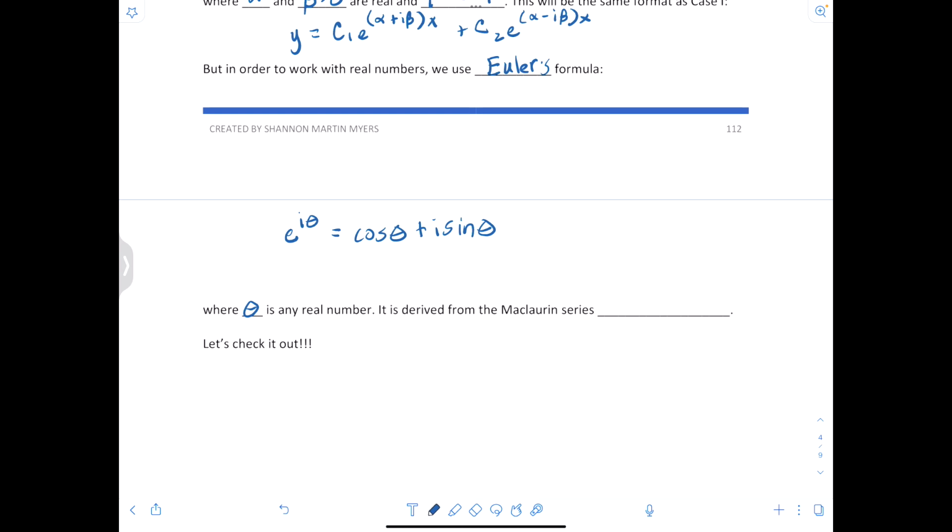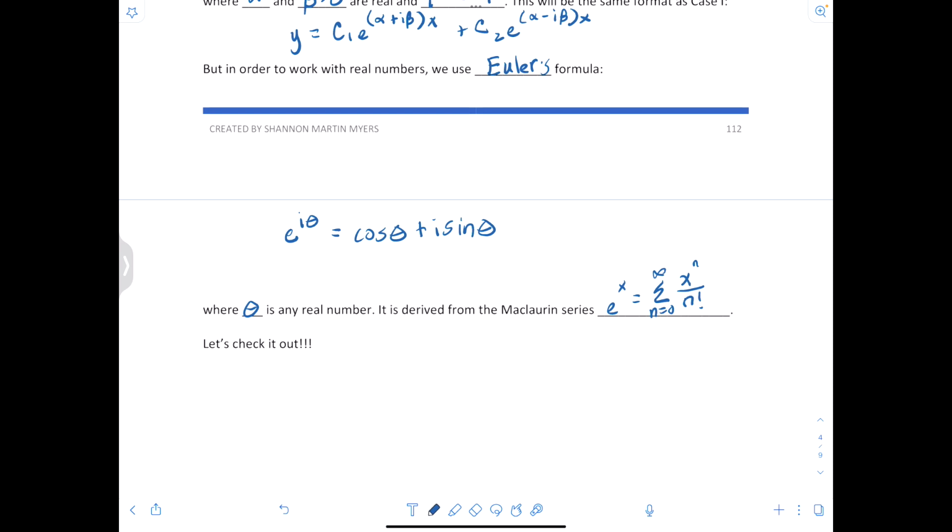So it's derived from the Maclaurin series, e to the x equal to the summation. So if you remember with the Maclaurin series, your power series is centered at 0, and n goes from 0 to infinity, and then it's x to the n over n factorial.